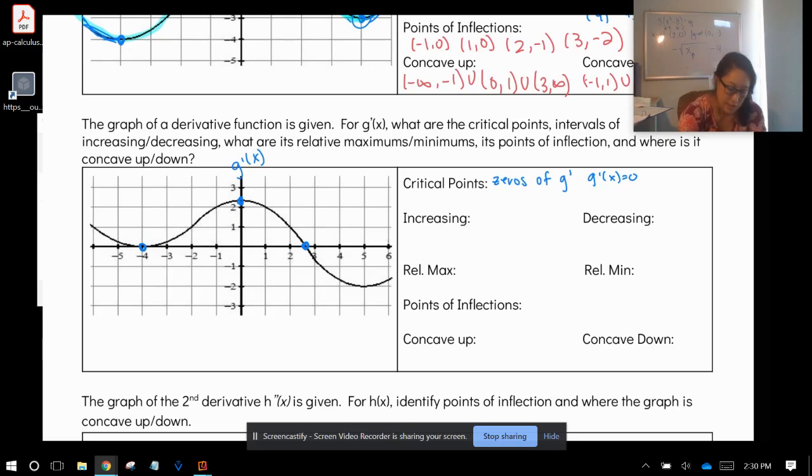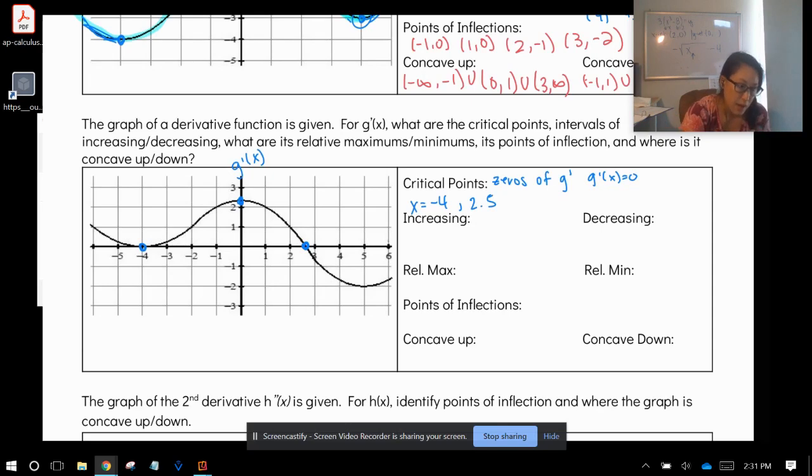Like the first derivative test. So my critical points are going to be when x is equal to -4 and when x is equal to like 2.5-ish. Okay. Now we don't know the y values, so we're just going to say when x equals. We can't solve for the y values right now.